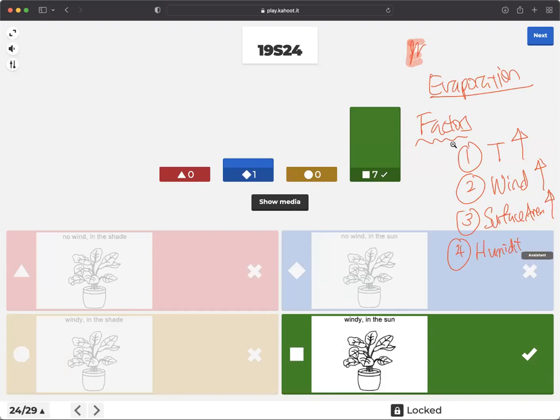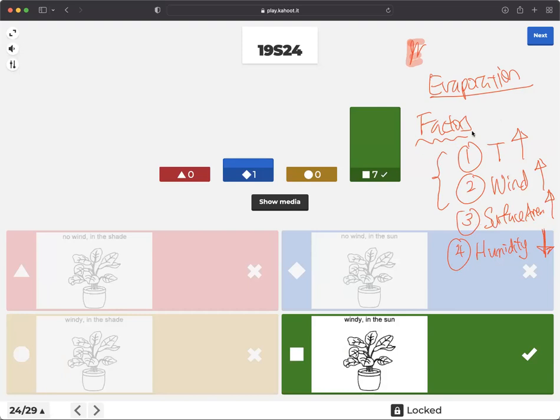Humidity is the amount of water vapor in the air, so the lower the humidity, the greater the evaporation. Understand? But in this question, we focus on the first 2. In primary school, mainly just the first 3.